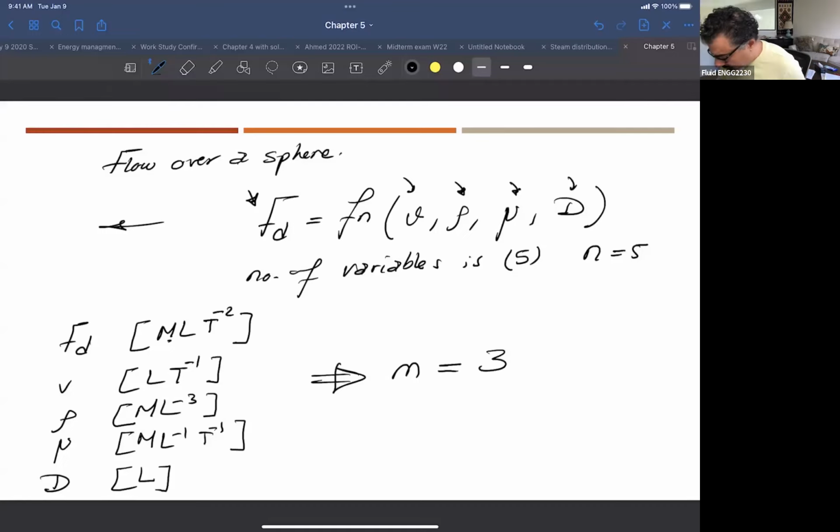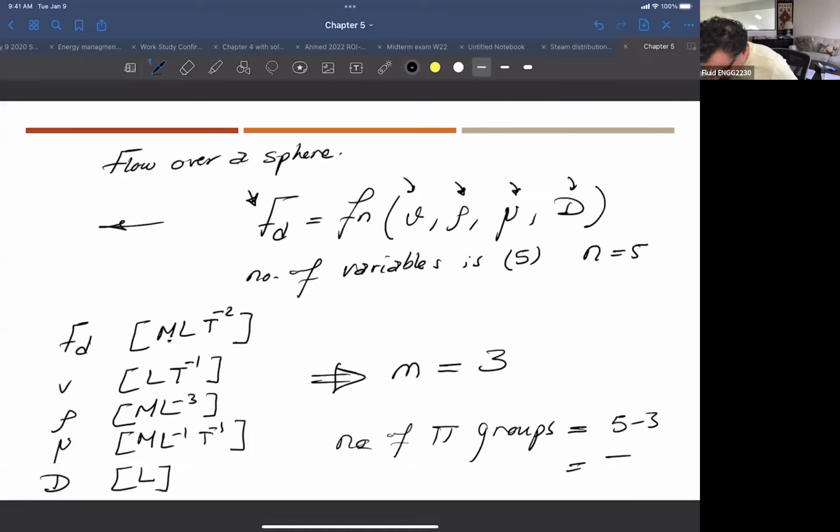So what is the number of pi groups here? It's 5 minus 3. What is this telling you? It's telling you you have pi 1 and pi 2, group 1 and group 2, okay?